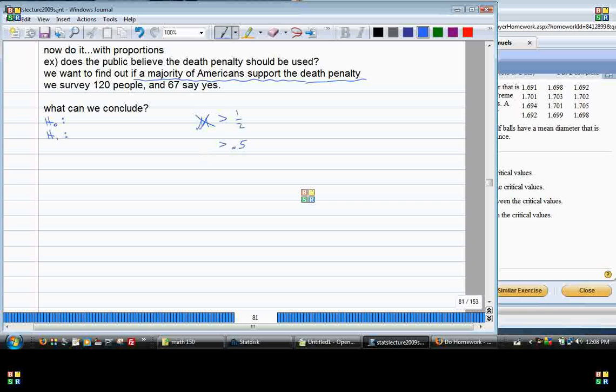It's P or P hat, right? So we got to figure out which one. It's true, these are both proportions. Which proportion is P? What's the meaning of P?